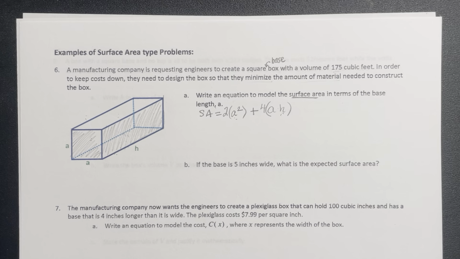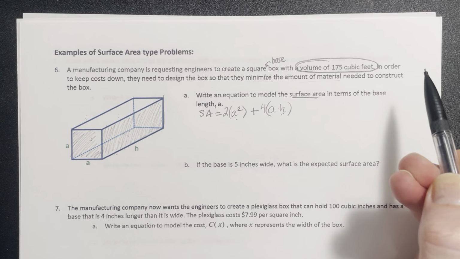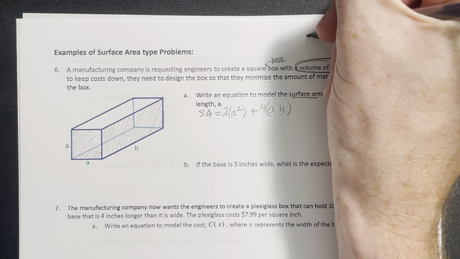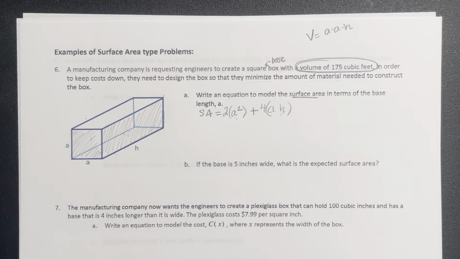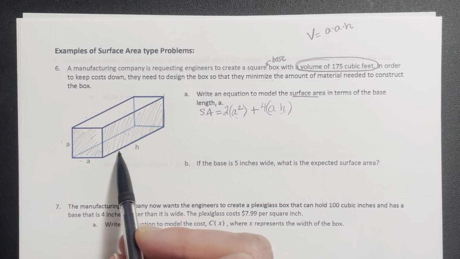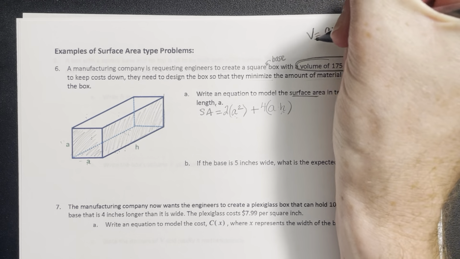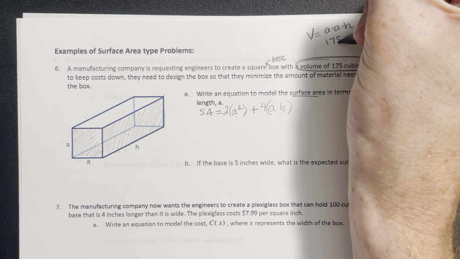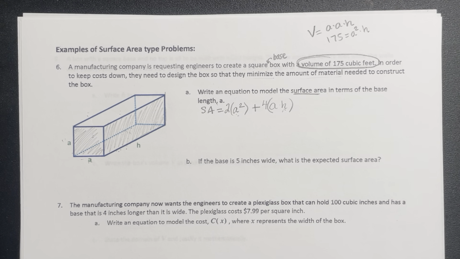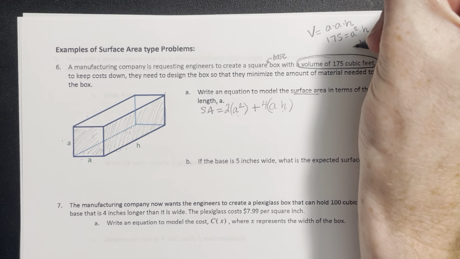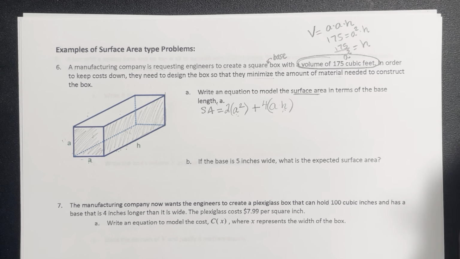So with this one, we know that the volume of this box has to be 175 cubic centimeters. Well, the volume would be a squared times h in this case. Length times width times height is multiplying those 3 dimensions together. And if the volume is 175, that has to equal a squared times h. If I divide by a squared, I get h is equal to 175 over a squared.